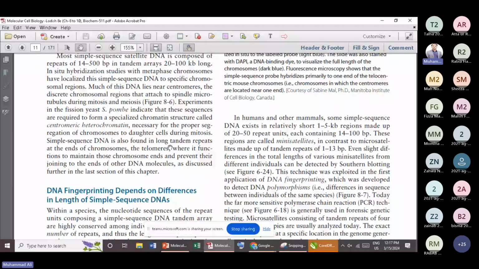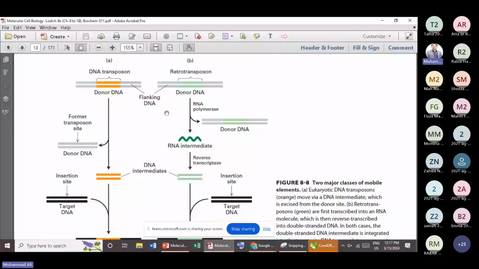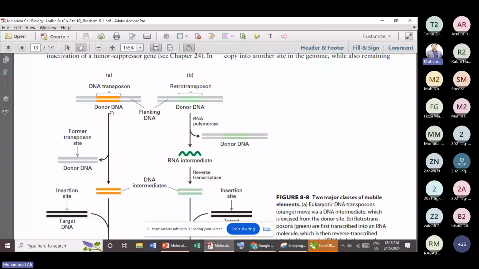And this is the DNA fingerprinting application in paternity determination and in criminal identification. And this is the example of transposons. For example, there are DNA transposons and there are retrotransposons.